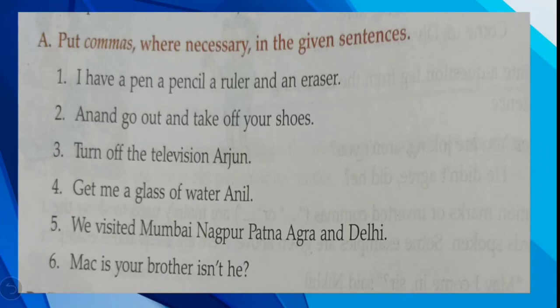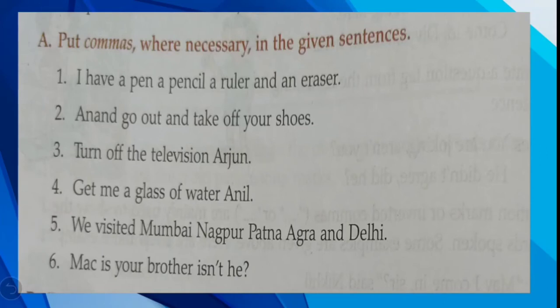When some exact words are spoken by someone, that time also we have to put a comma. And when there is a conversation going on, like he says, she replied, that time also we have to put a comma. When we are addressing some people, for example, Muhammad, come here. So after Muhammad we have to put a comma. After Come here, we have to put a full stop. So I hope students it's clear to you.